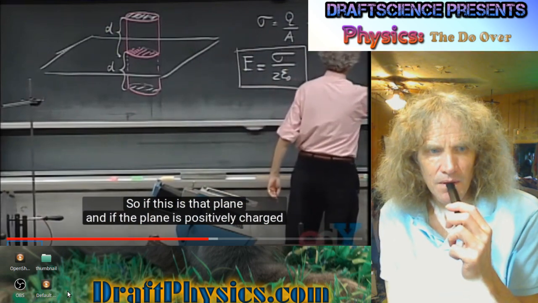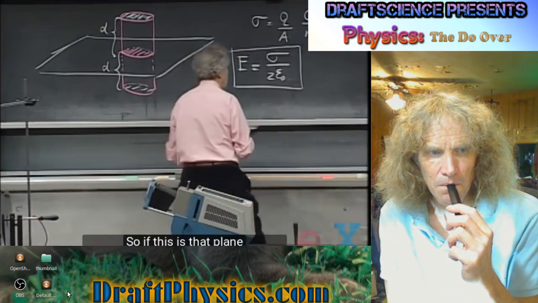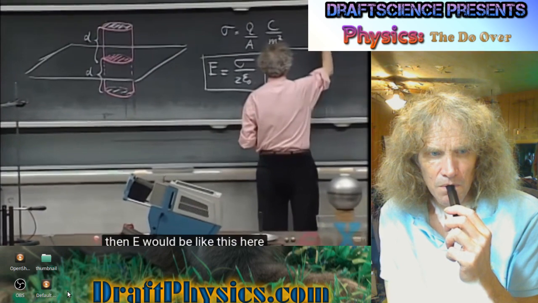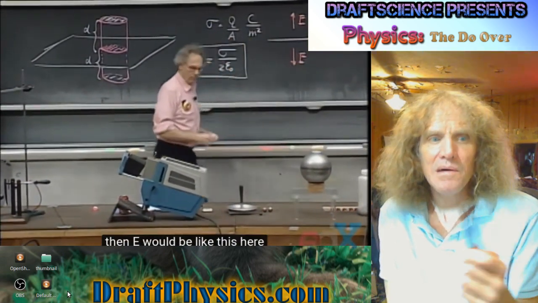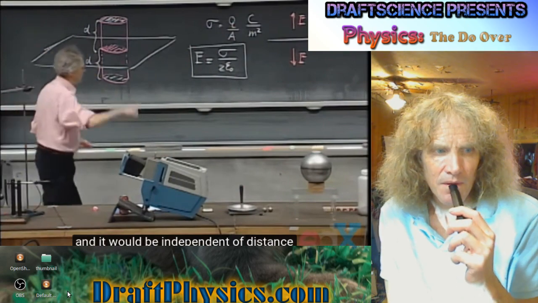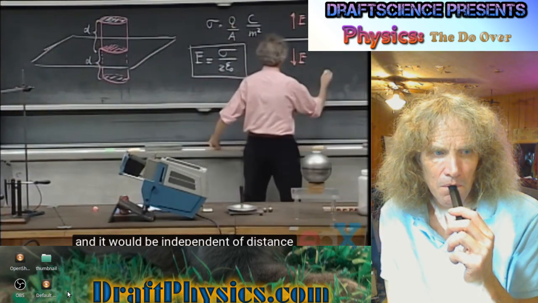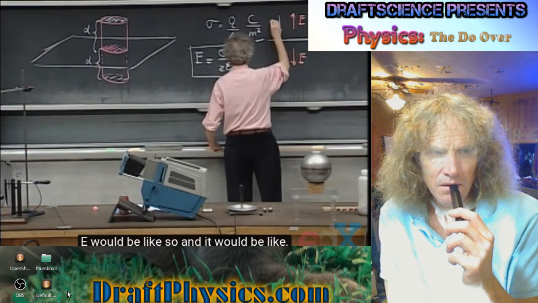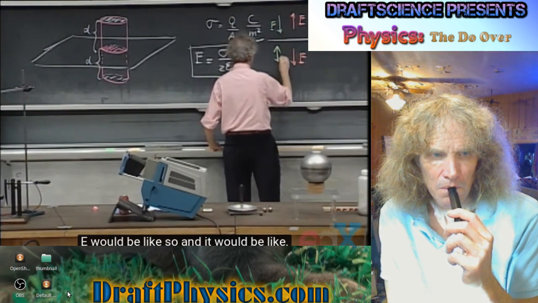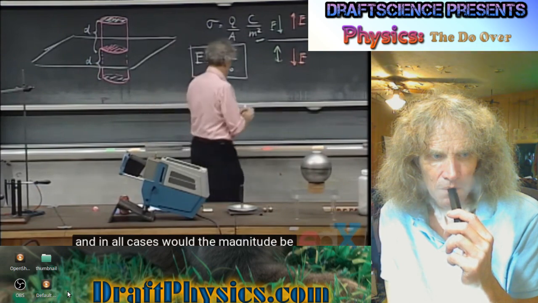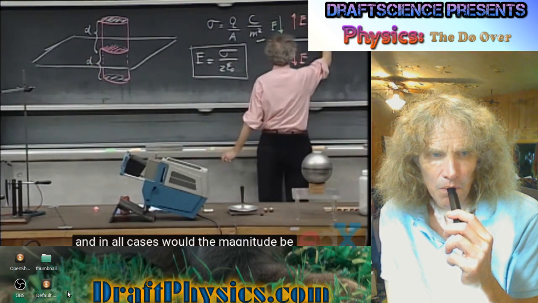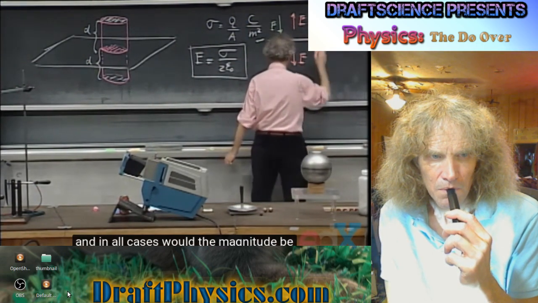If the plane is positively charged, then E would point away from the plane on both sides, independent of distance. If it is negatively charged, E would point towards the plane, and in all cases the magnitude would be sigma divided by 2 epsilon 0.